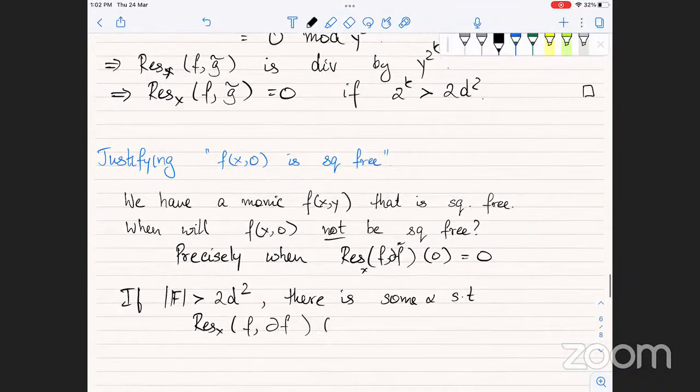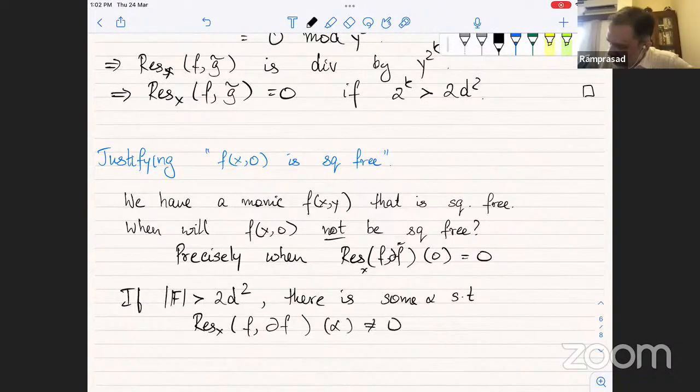This at alpha continues to remain non-zero, just because I know this is a non-zero polynomial. Had I not substituted alpha, that polynomial has degree at most 2D squared. So there can only be at most 2D squared many points on which it becomes 0. So if my field is large enough, one of these points is going to be non-zero.